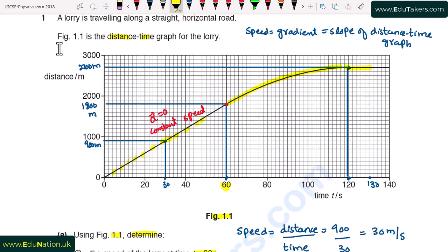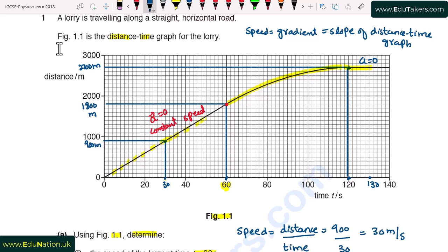So from 120 to 130 it is a straight line that is parallel to the time axis. So it means that in this region acceleration is equal to 0 and speed is also equal to 0 because the lorry is stationary.